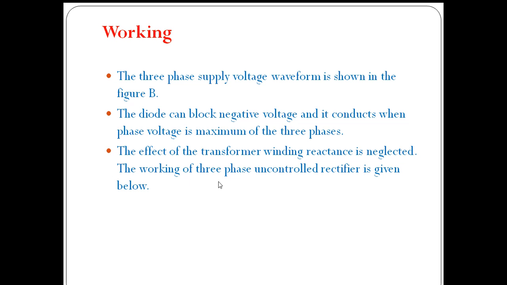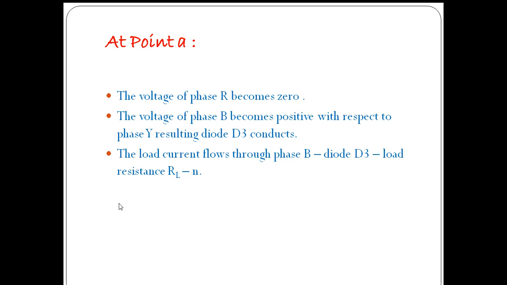The working of the three-phase uncontrolled rectifier is given below. At point A, the voltage of phase R becomes zero. The voltage of phase B becomes positive with respect to phase Y, resulting in diode D3 conduction, and the load current flows through phase B, diode D3, load resistance RL, and to the neutral point.